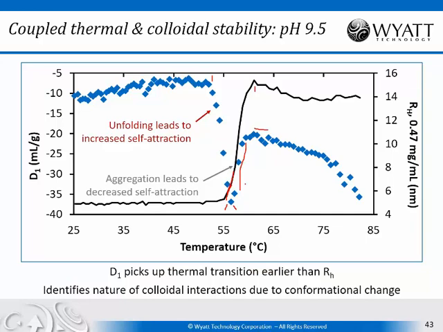So by dynamic light scattering, we're getting information not just on the temperature for the onset, and not just on the degree of colloidal stability of a particular formulation, but we're also getting information on what happens around the thermal transition, what changes in the molecule are leading to different types of interactions between the molecules, and how those eventually impact the aggregation.